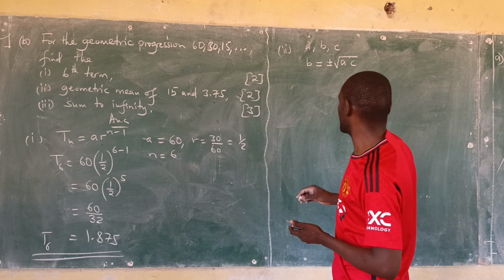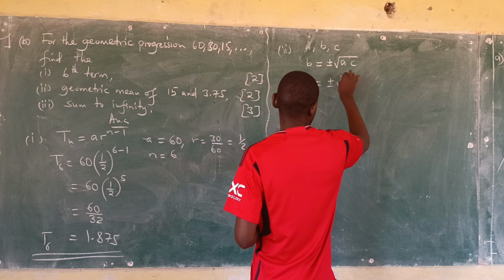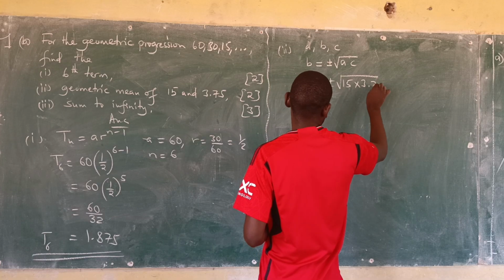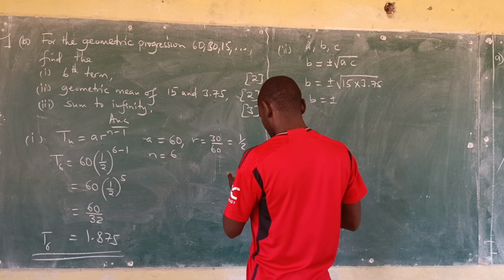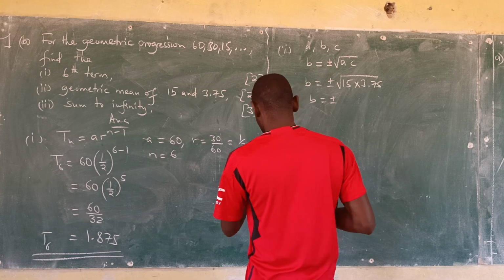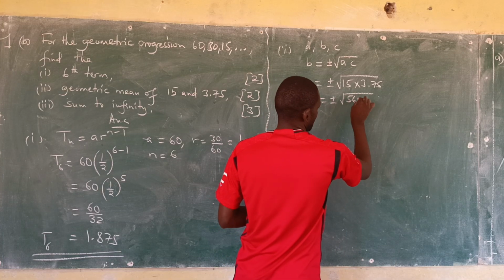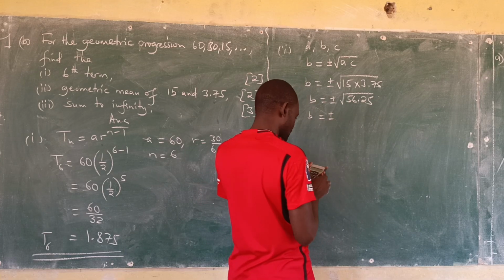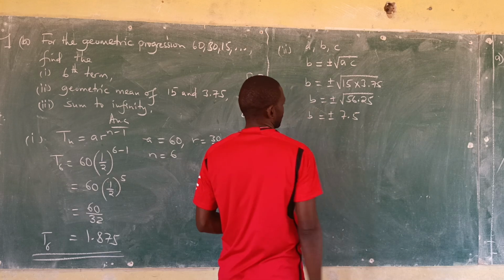Then we should be able to get our B. So simply say B is equal to plus or minus the square root of 15 times 3.75. That is 56.25. Then if we do the square root of this one, it gives us 7.5.